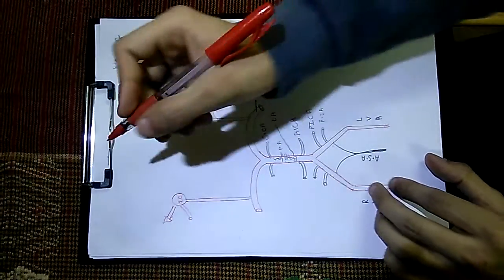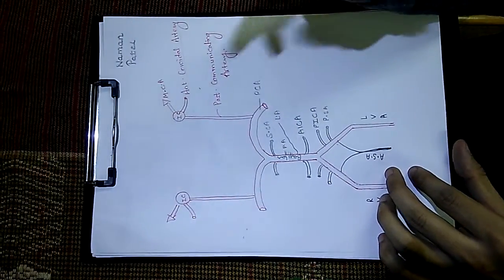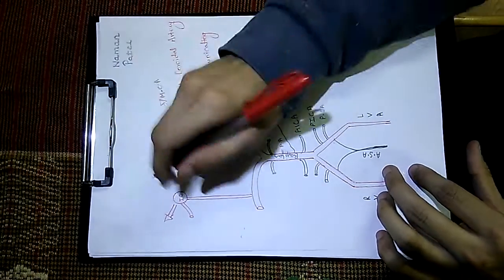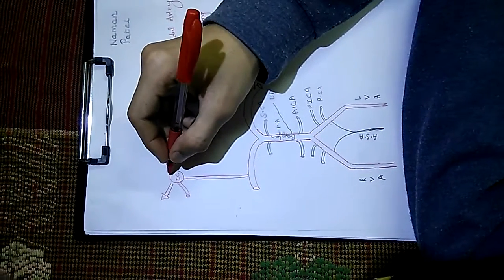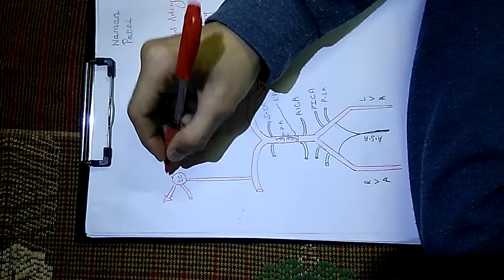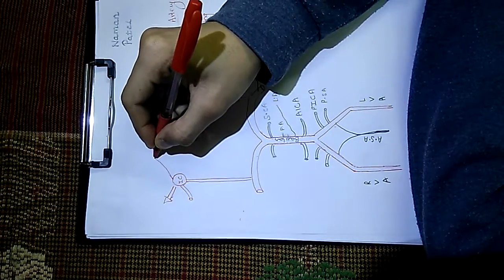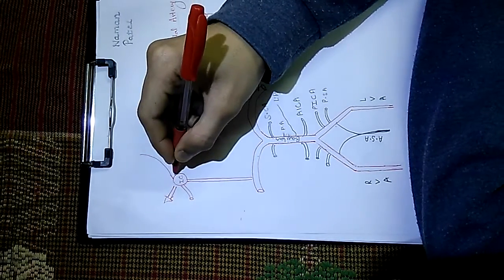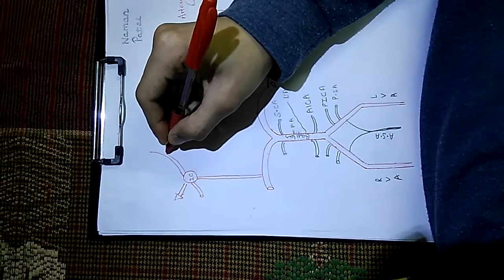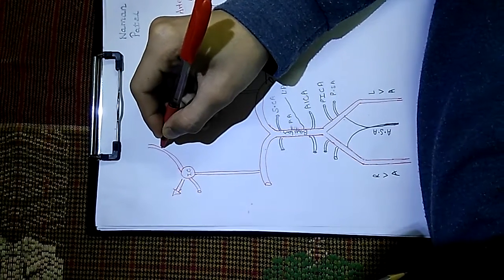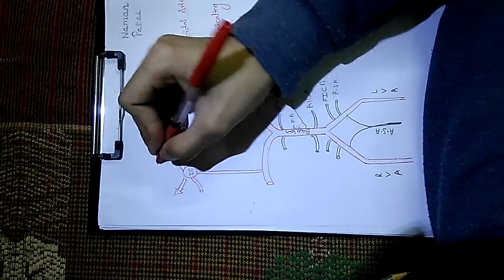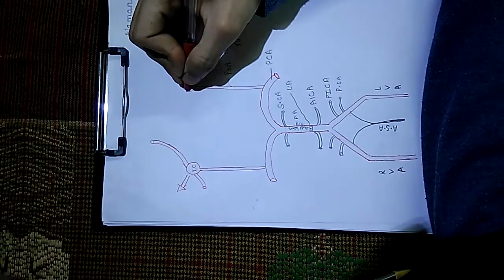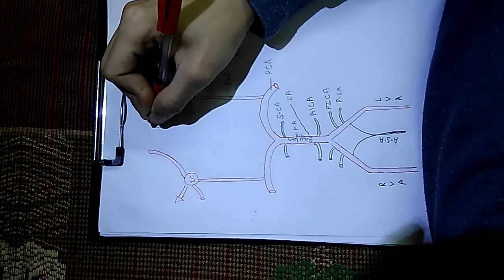Now here comes the major part of the circle of Willis, that this internal carotid artery is going to form the anterior cerebral artery, right?